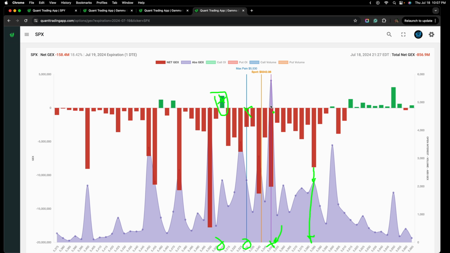5550, if it can get above 5550 and hold, I would expect price to be a little bit choppy around here. But if it can get back above this, if we see implied volatility decreasing, then the expectation would be an attempt at 5585, with a last final strike for this week being 5600.